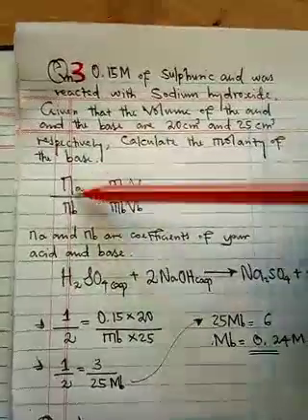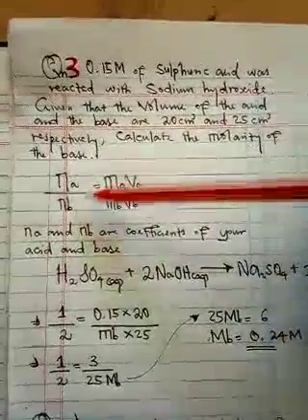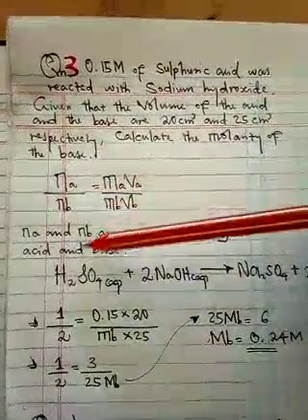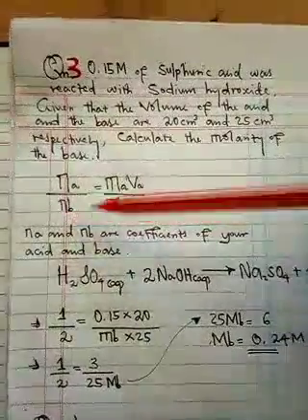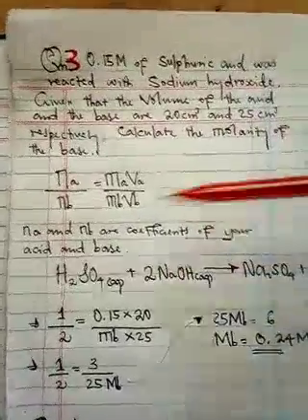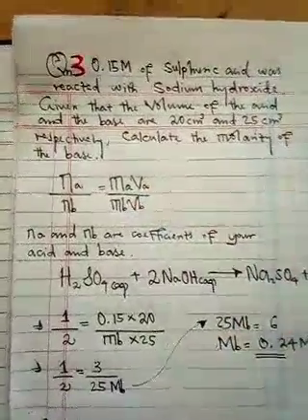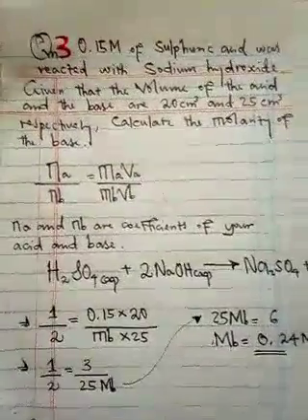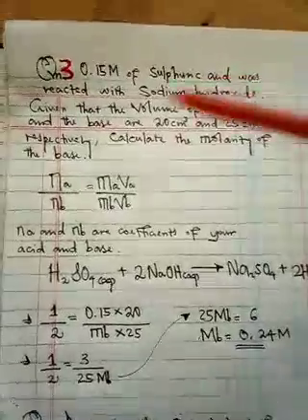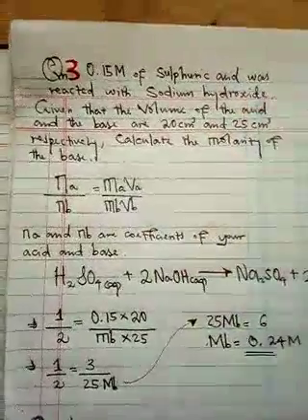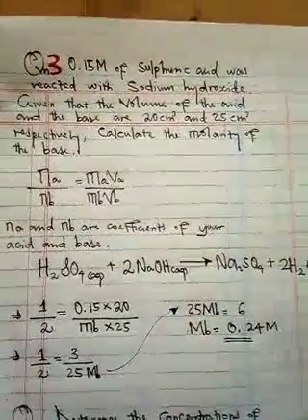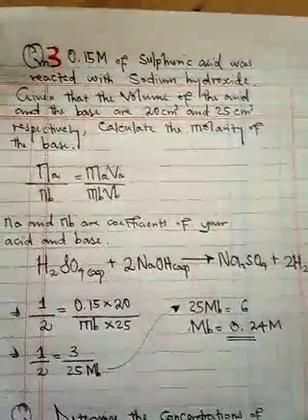Na and Nb are stoichiometric coefficients of your acid and your base, which means that before anything has even been done, someone should write a balanced chemical equation for that reaction.